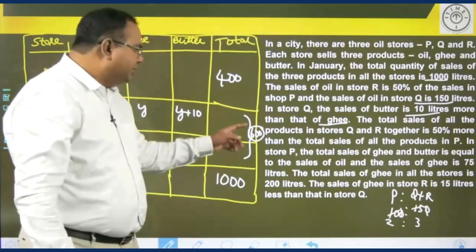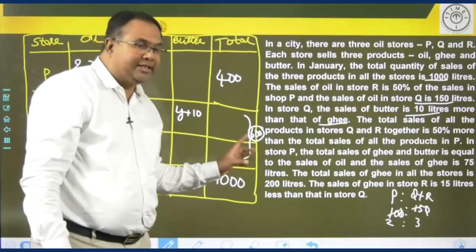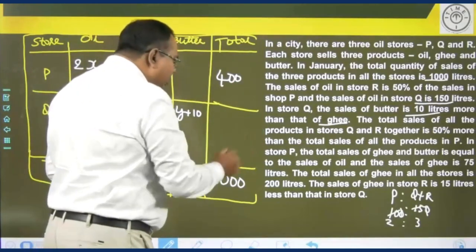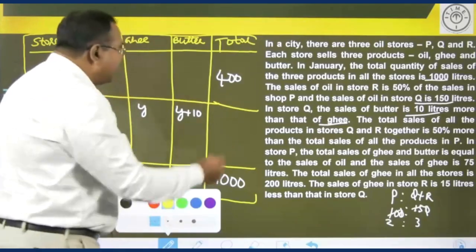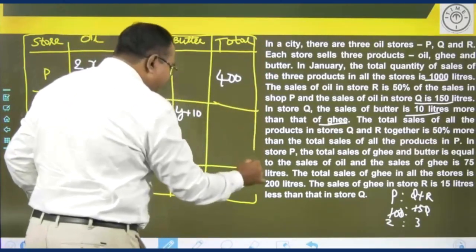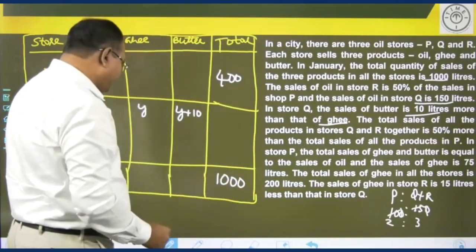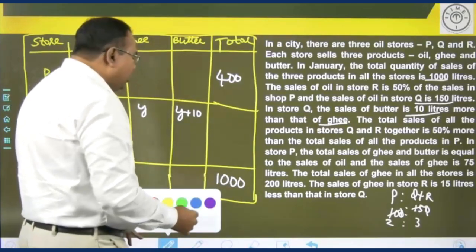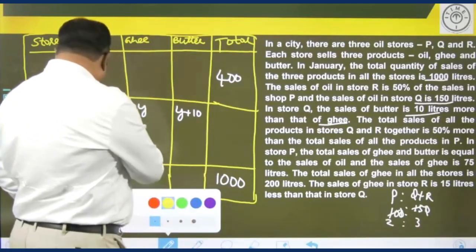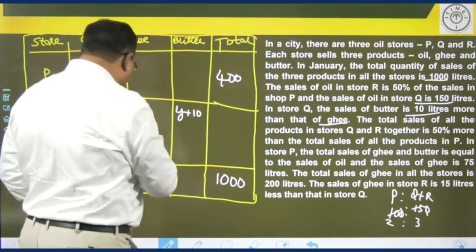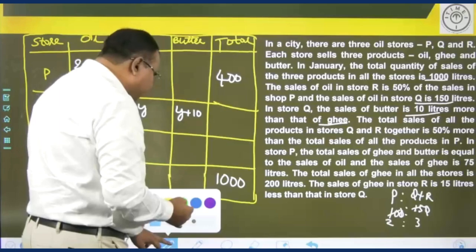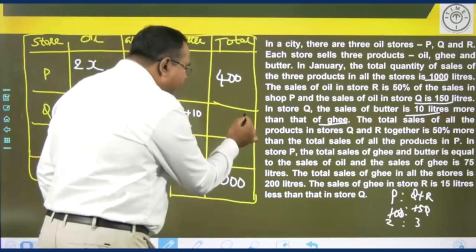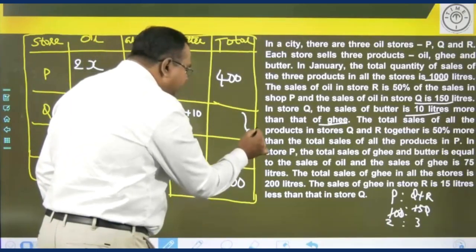Got the point? These two together, put together, it is 600. I will write clearly. Oh, 1 second. Let me write this. Right. We have, this is Q, this is R. Now, we have total sales of these two put together is 600.